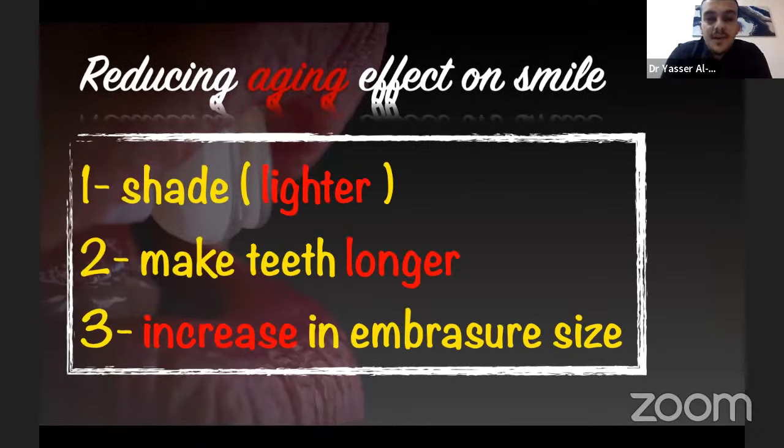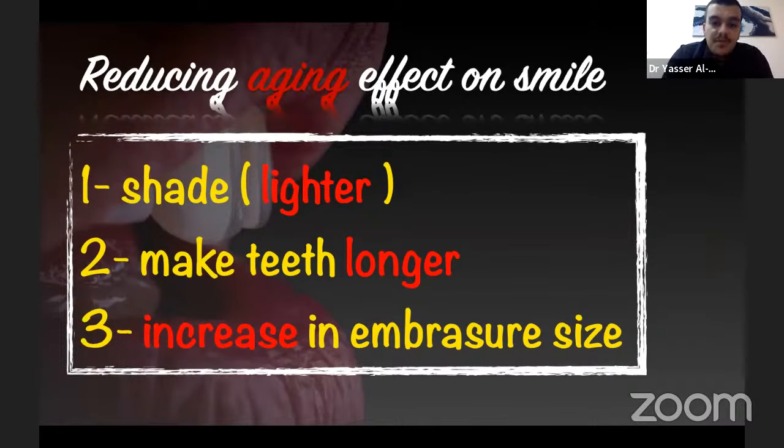We have many factors that we consider in our smile design that produce a reduced-aging effect on the smile. For example, a 60 or 65 year old patient comes to our clinic for a smile makeover.